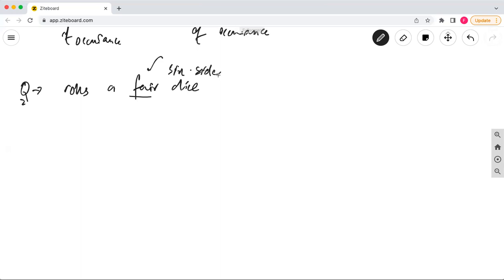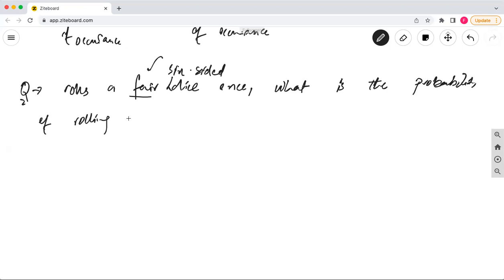You can call this die, because die is the singular form. What is the probability of rolling a 2? By 2 I mean 2 on the upper side when we roll.